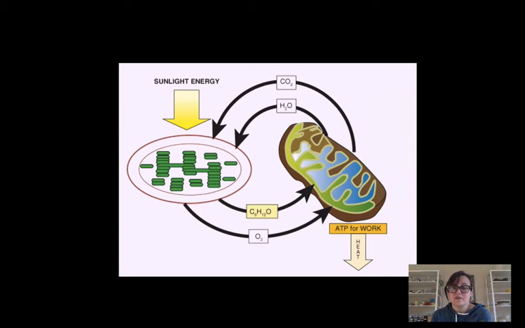You may have realized that the things going into the mitochondria for cellular respiration were the same things that came out of the chloroplast after photosynthesis. And the things that are coming out of the mitochondria after cellular respiration are some of the things needed to go into the chloroplast for photosynthesis.